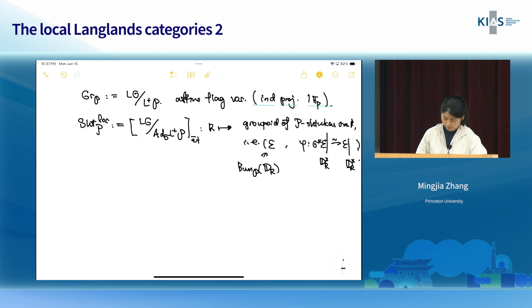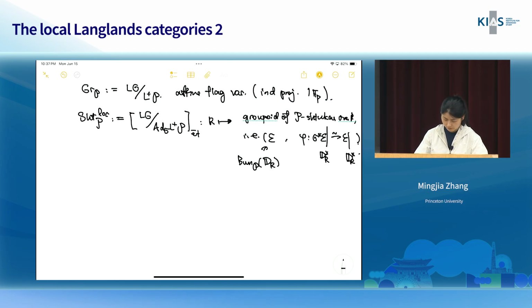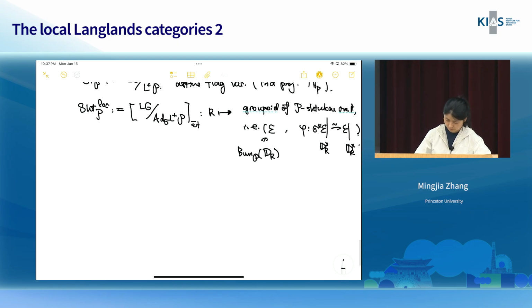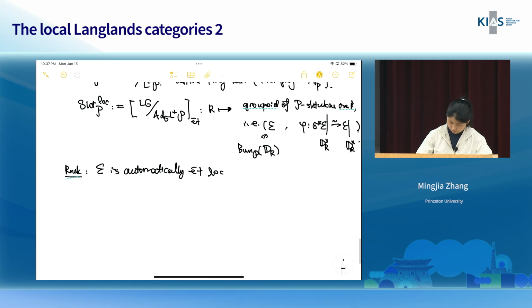Okay, and note that here we don't need to impose the condition that E is étale locally over R trivial, because this will be automatic. So note that the difference with before is that this Witt vector of R is complete along I. So in particular, if I use I to denote this kernel, then W and I form a Henselian pair.